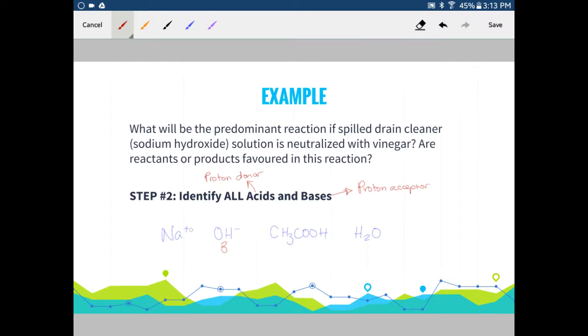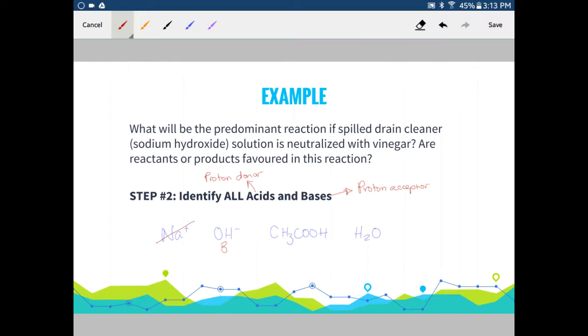It can't really, because it's sodium with a positive charge, and a proton also has a positive charge, so it's not really going to want to accept that proton, as well as there's no protons to donate. Therefore, this is something that we'll just call a spectator ion, and we can simply draw a line through that. Generally, any positive ion that doesn't have a hydrogen in it will not be considered a part of our acid-base reaction. We can just call that a spectator ion, and we're going to cross it out.